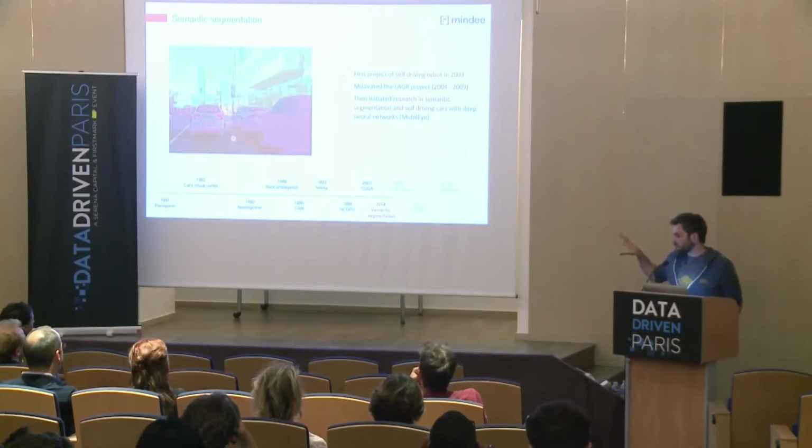At this point, some companies were created, like Mobileye. They were bought by another company, I don't remember which, but the research in semantic segmentation has grown, and the community has started to take deep learning as a subject back.